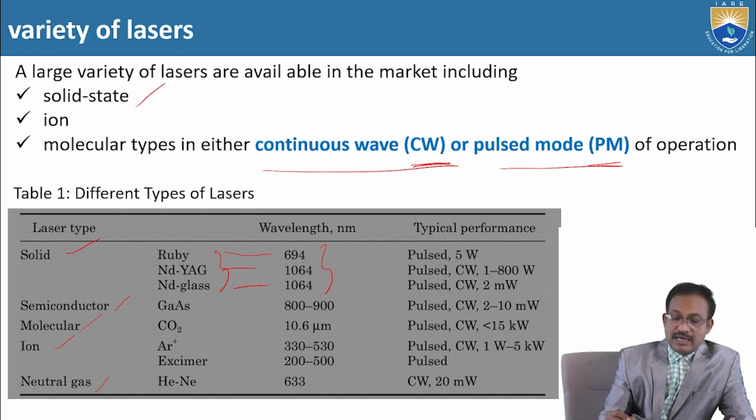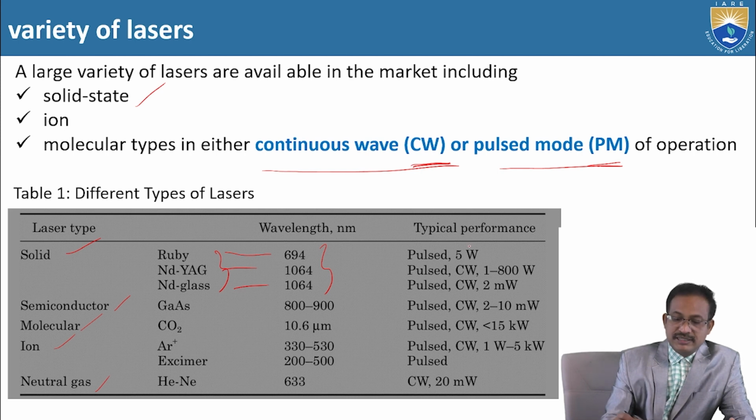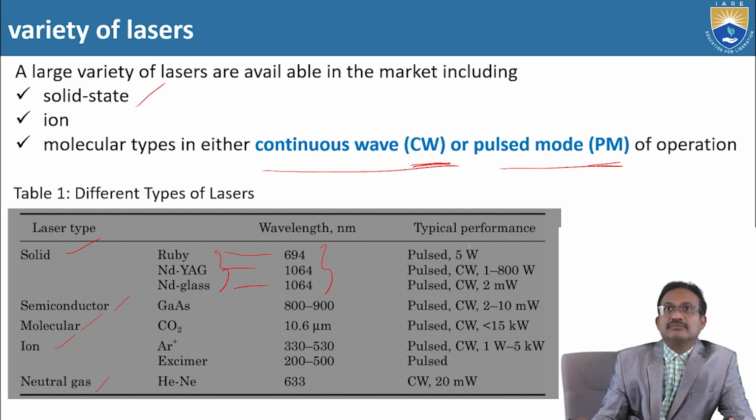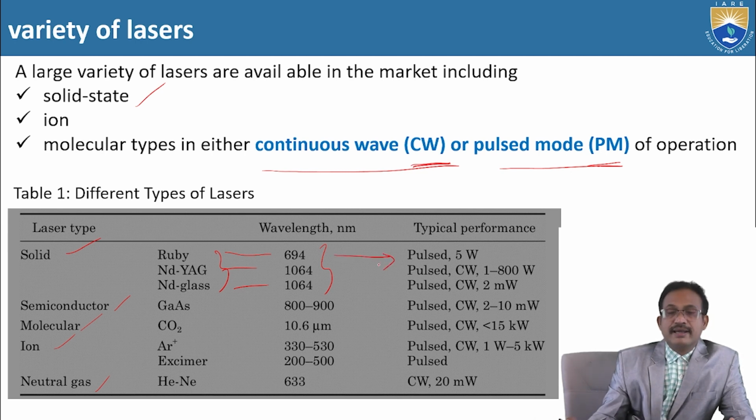For ruby it is exclusively pulsed, and its performance is 5 watts.